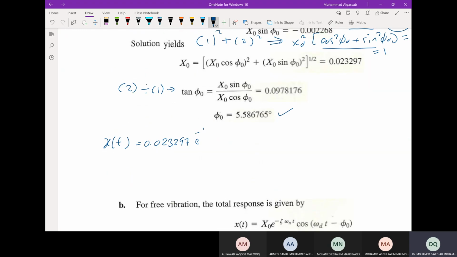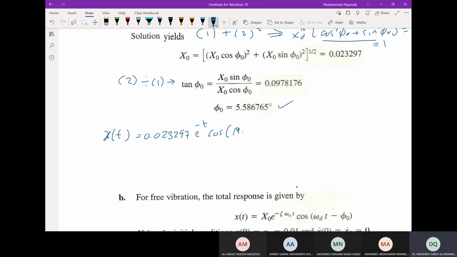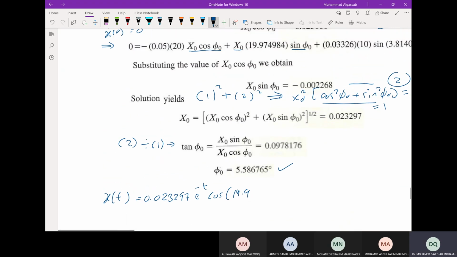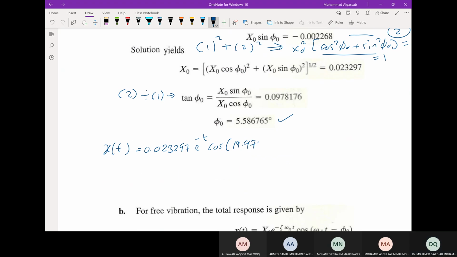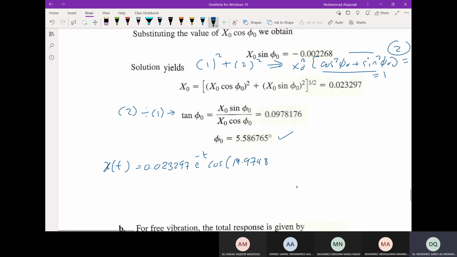So e to power minus t cosine omega d t, which is 19.9984 t, minus phi 0, which is 5.586765 degrees. Again, this is in degrees, not radians. You just make sure when you substitute for the value of t to make the correct conversion.